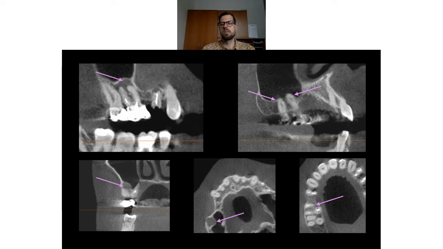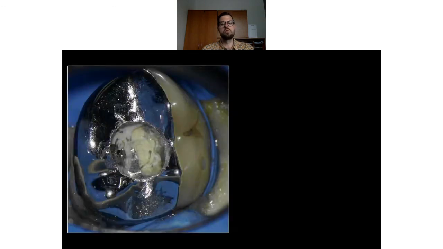On the right image, the lower one, we see that the MB2 is not treated. And we also see that the PA lesion pushed the bone inside the antrum a little bit. So these are the problems that we have. So this is the situation.